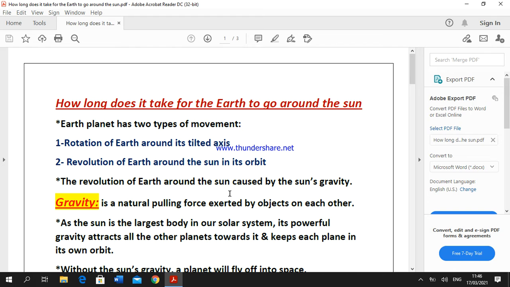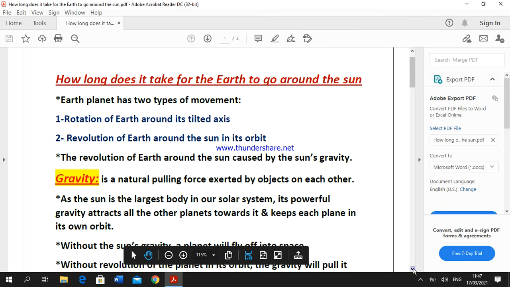So the Sun has massive gravity, which is responsible for keeping each planet in its orbit and responsible also for the revolution of each planet around it in its fixed orbit, okay? So, as the Sun is the largest body in our solar system, its powerful gravity attracts all other planets toward it and keeps each planet in its own orbit.